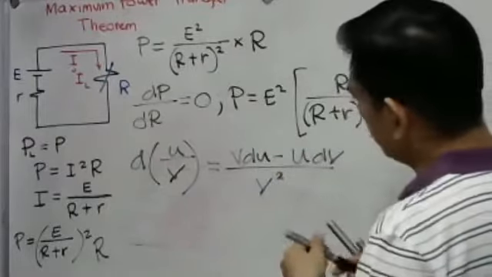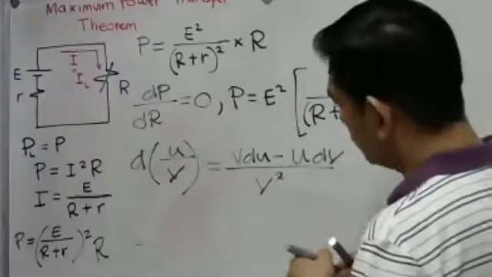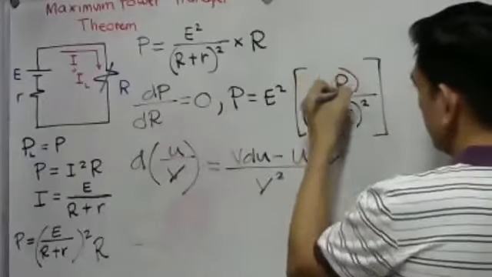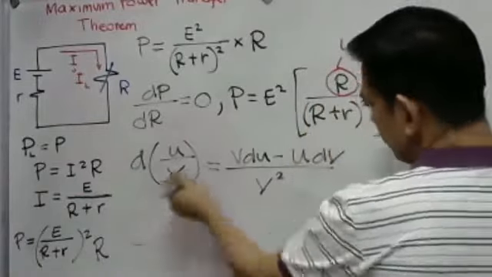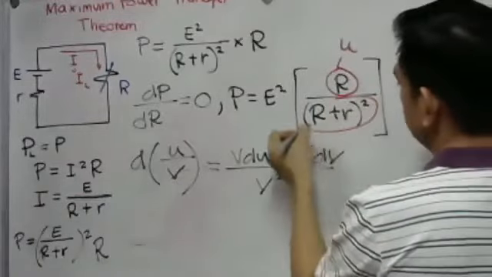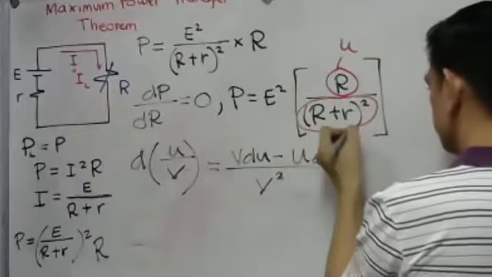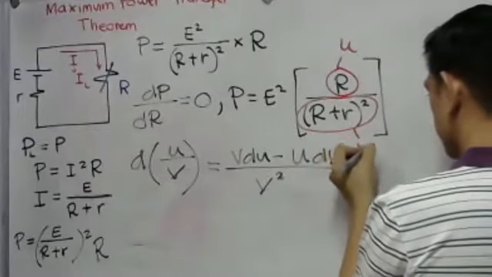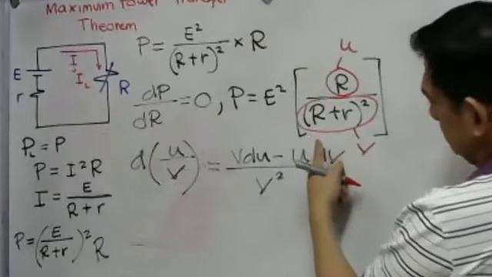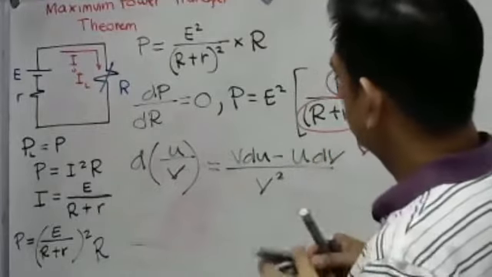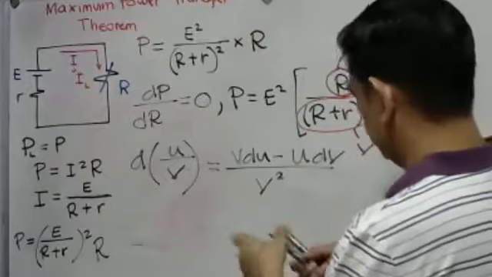So for this case, where is our u? Our u is our big R, that is our u. Then what is our v? Our v is the denominator. So this is the numerator and this is the denominator.